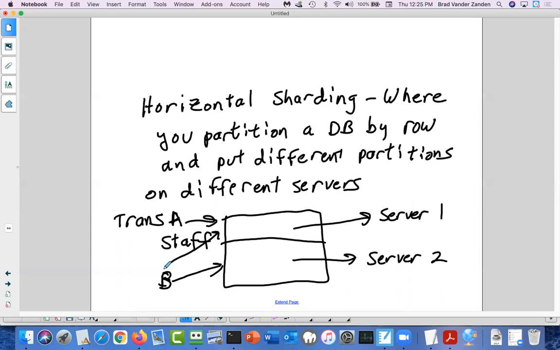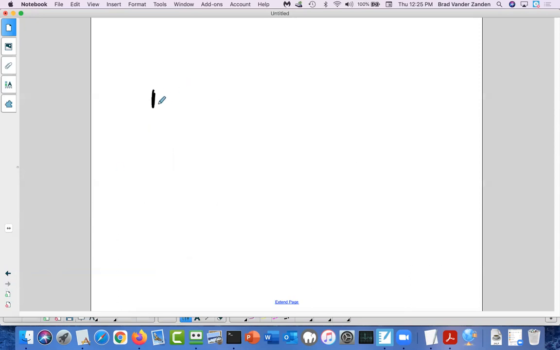And so NoSQL databases definitely have an advantage. I would say there are two big advantages with NoSQL databases. One is that they're good with semi-structured data.